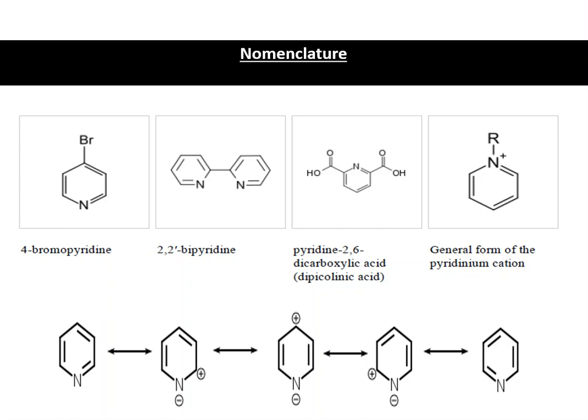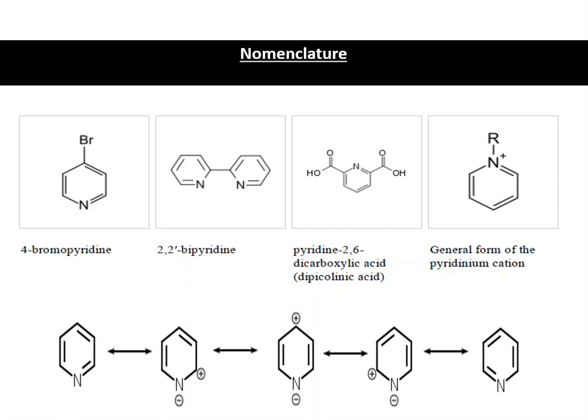The bond comes to the nitrogen, so this is one of the methods. Nitrogen, being electronegative, cannot easily take a positive charge, so it always prefers to have a negative charge on it.